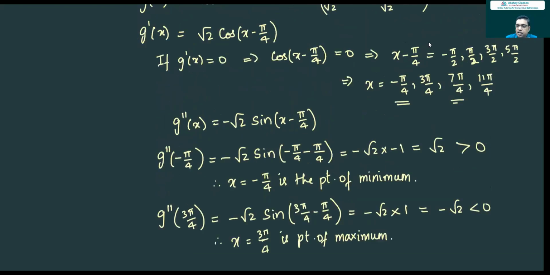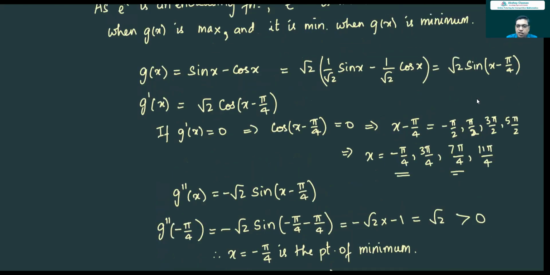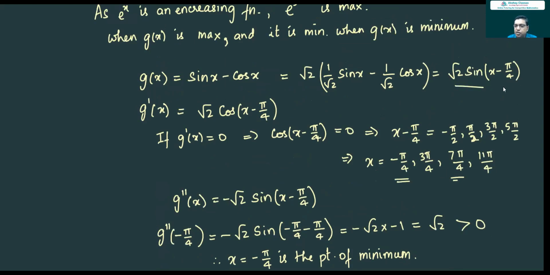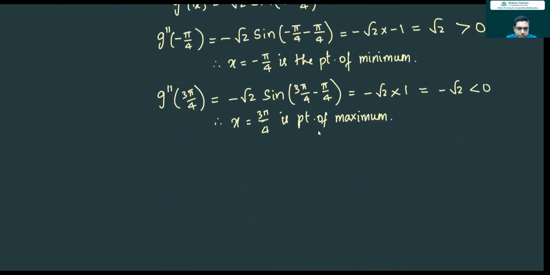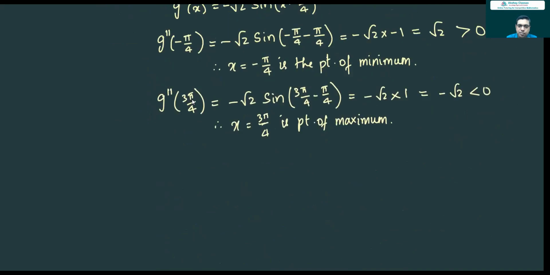So these are in intervals of 2 pi, and this function is periodic with period 2 pi. So therefore, this will be a periodic expression. Minimum and maximum keep happening here.